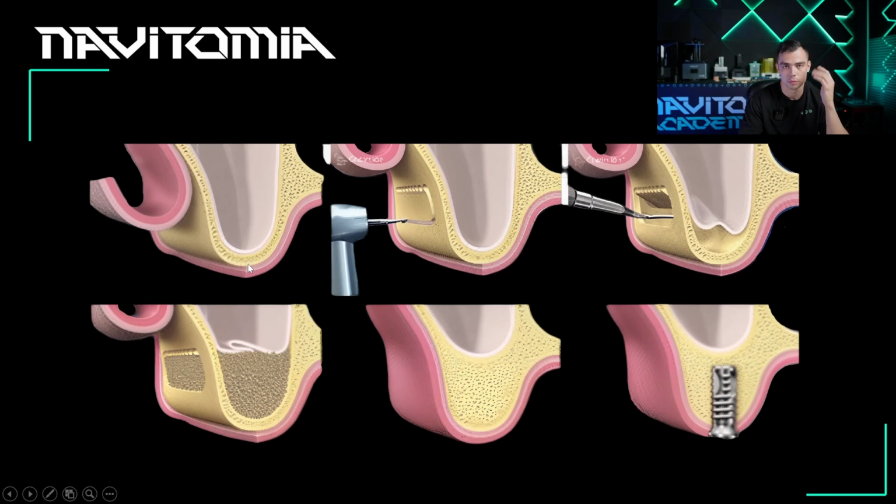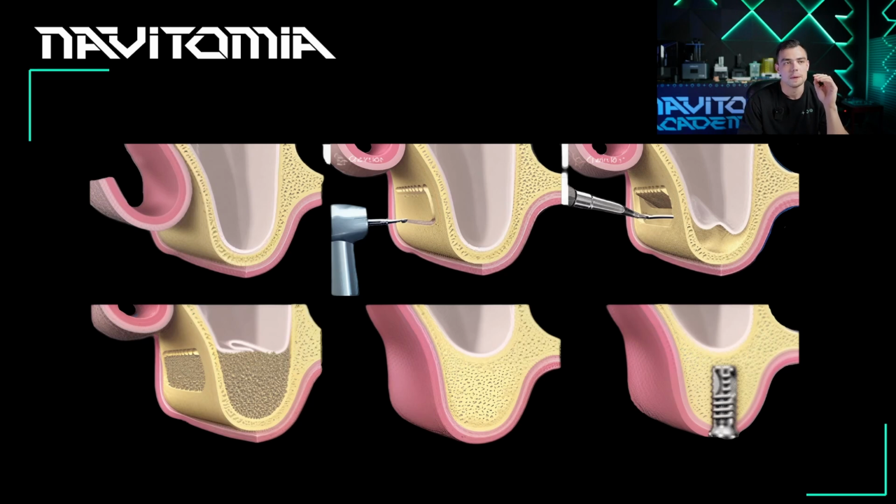Most commonly that happens at the 6th, 5th, 7th teeth and so on. So this is just a very simplified explanation of how it works.